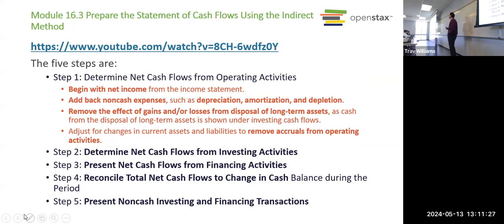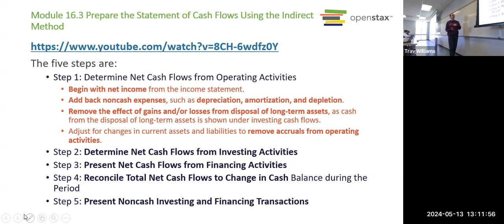Which financial statement do we get net income from? Income statement. Very good. And then we have to make a bunch of adjustments, right? Most of these adjustments are reversing things. Any depreciation has to be added back. And the idea here is on the income statement, depreciation expense reduced the net income, right?